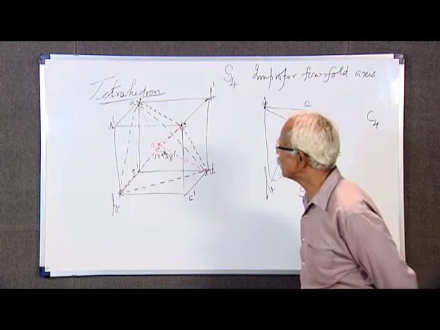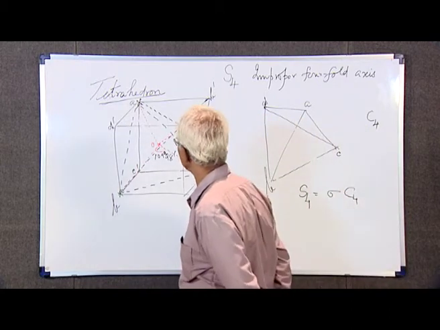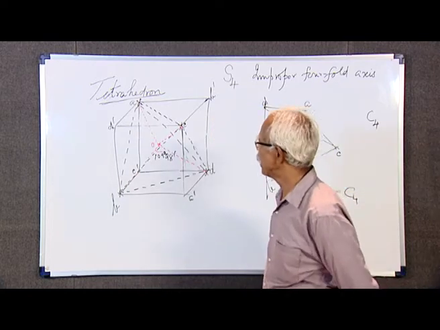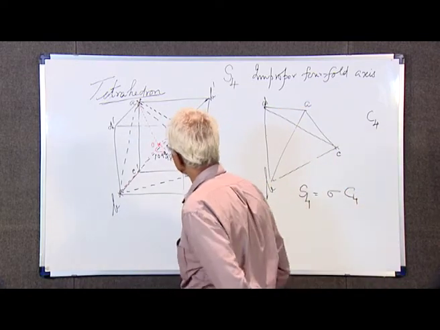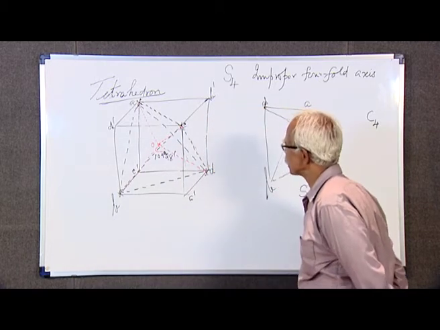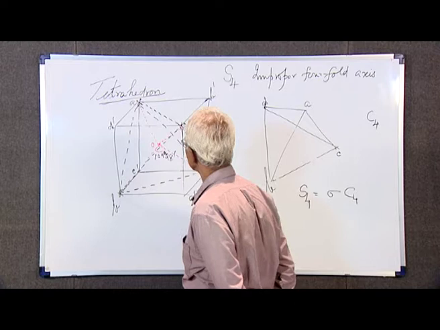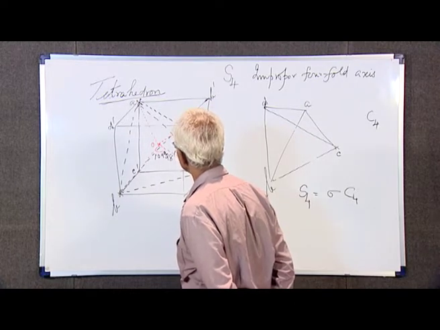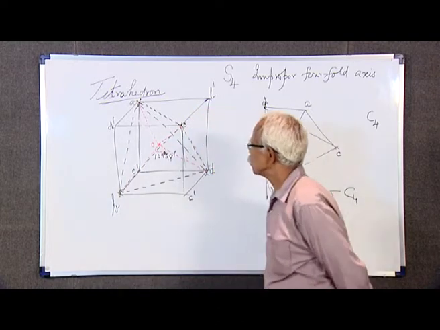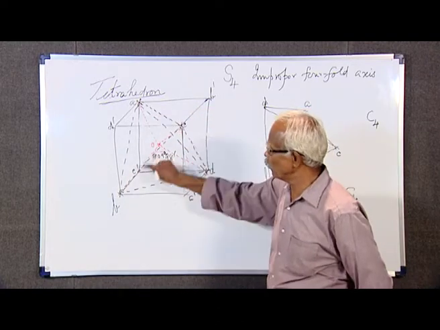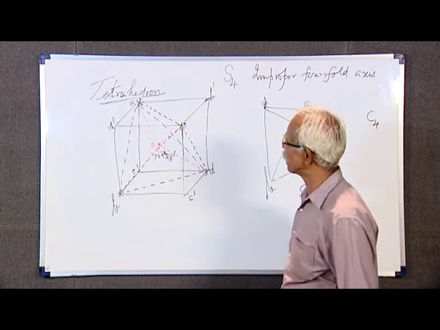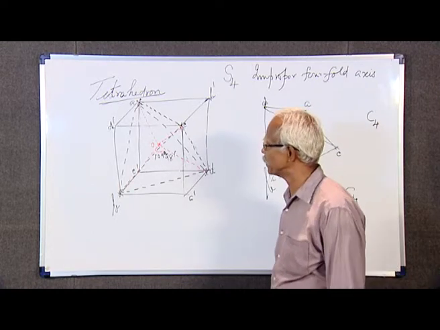It is the angle between the sp3 hybridized orbitals, which is very famous in organic chemistry, because organic chemistry entertains sp3 hybridized orbitals in carbon compounds. So, OA, OB, OC, OD are directions making an angle of 109 degrees 28 minutes.